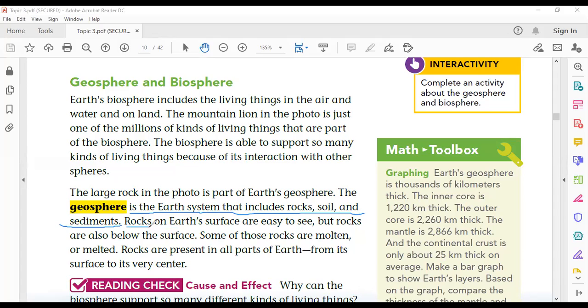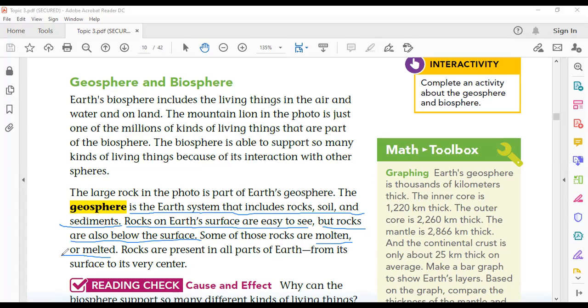Rocks on the Earth's surface are easy to see, but rocks are also below the surface. Some of those rocks are molten or melted. Molten rocks under the ground are called magma.